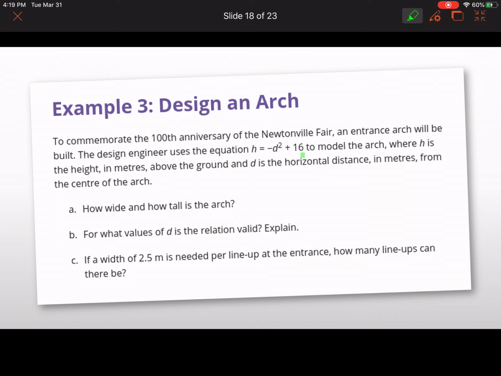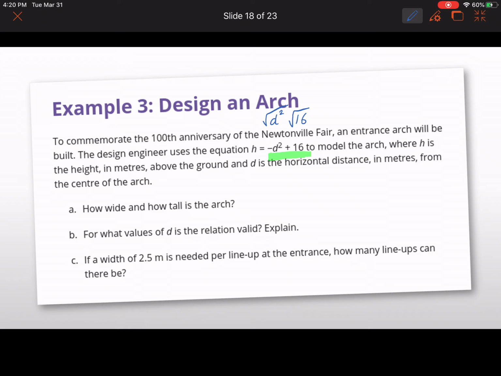So look at this one again. What's special about that? We've got 2 squares. We've got a d squared, and we've got a 16 that can easily be square rooted. So we just need to worry about that negative.